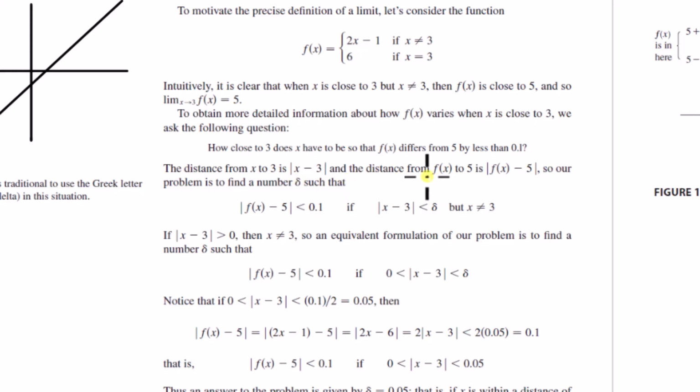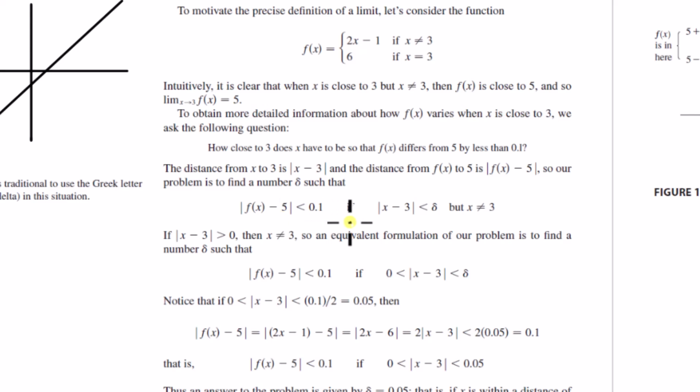And then the distance that the function is from 5, similarly, is just the absolute value of f of x minus 5. So our problem is to find a number delta such that, the requirement is that we want to have the absolute value of f of x minus 5 be less than 0.1. That's what the question stated. We want the output f of x to be within 0.1 of 5, the limit value.